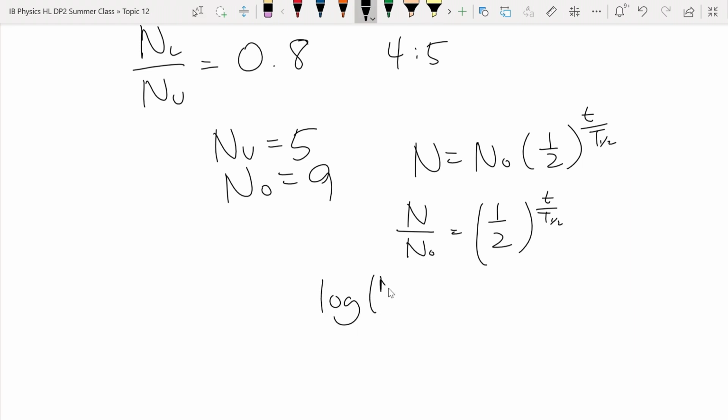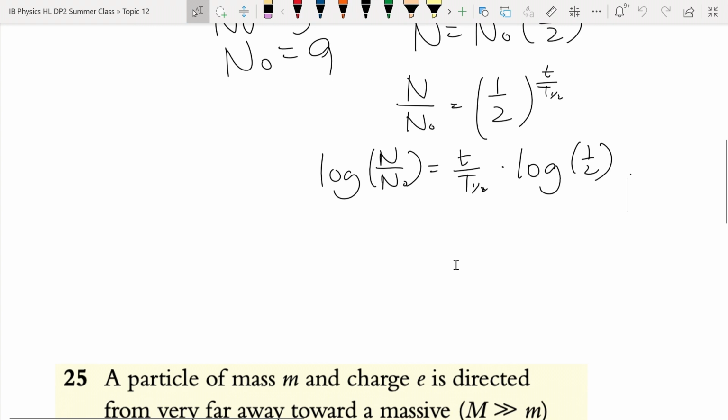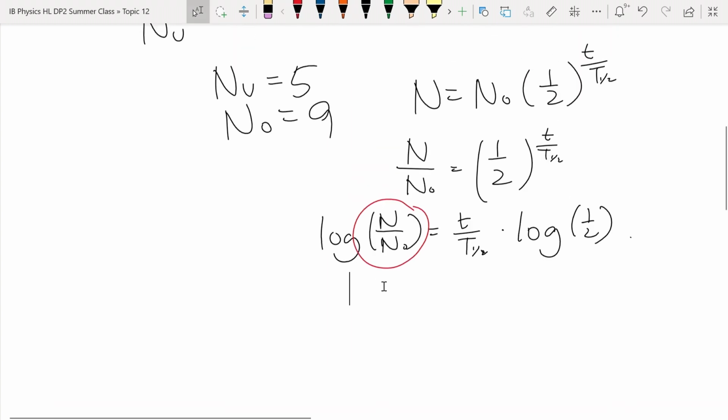You get the log of N divided by N0 is equal to t divided by the half-life times the log of 1/2. Up until this point it is just an algebraic equation you can solve, because we know that this part is going to be 5 divided by 9.